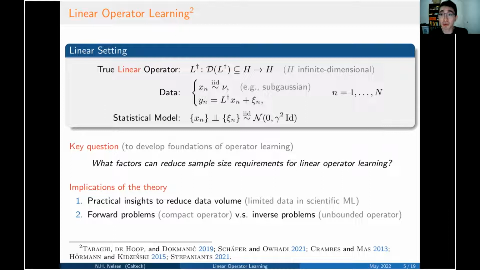This is quite important these days, especially in scientific problems where if you want to simulate or emulate some sort of PDE-based system, you're quite limited by the training data you can generate, either by your computational resources, maybe at your university's computing cluster, or the experimental resources you have to generate real-world data. So any way we can reduce the amount of data volume is quite valuable.